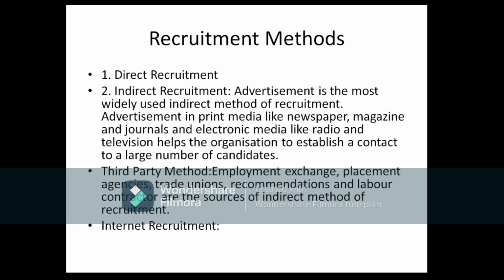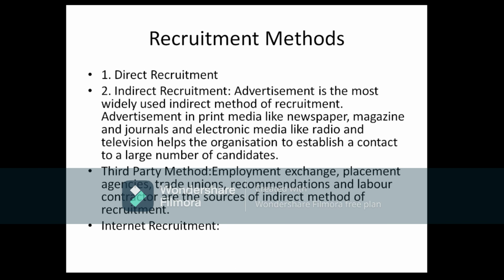And the message the company puts in these advertisements stimulates the candidate to apply for a job. So such type of method where the companies are not having any direct contact with the candidate is called the indirect recruitment.